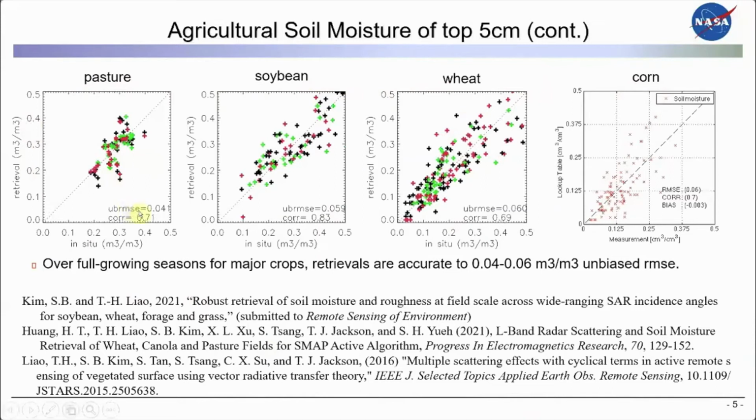The RMSE values range from 0.04 to 0.06. Correlations are high. So with these results, even when the crops change from seed to the full, we are able to achieve these results, and with these results, we'll be able to distinguish the soil moisture levels of 4 or 5 states.